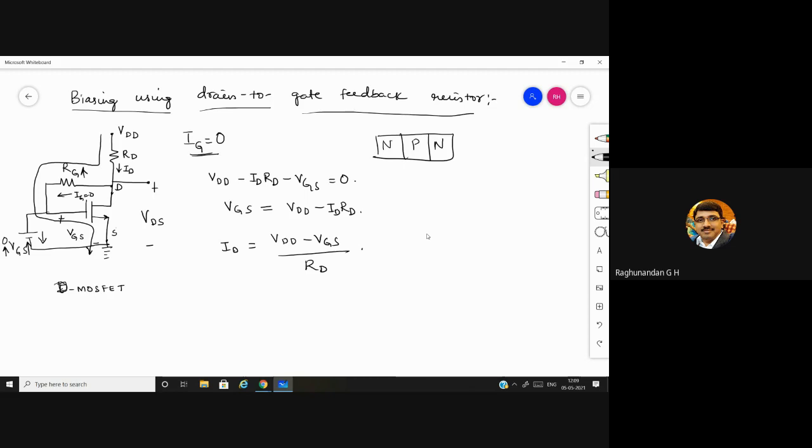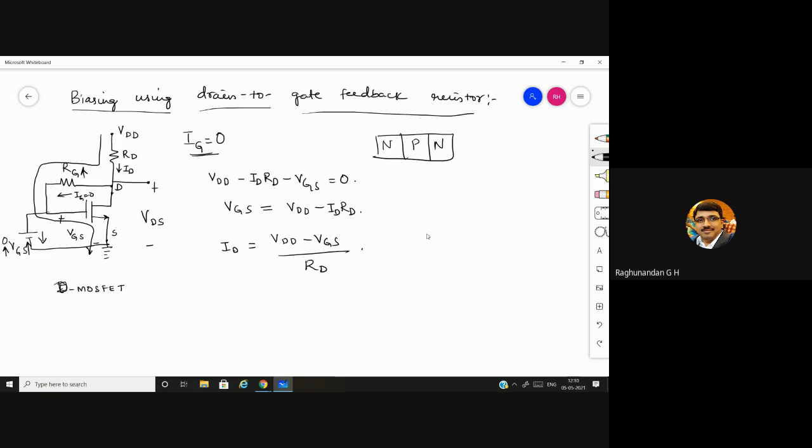So when you start increasing the gate to source voltage, automatically the current starts increasing. Okay, so remember this. That's why you have to consider the different values with respect to this.